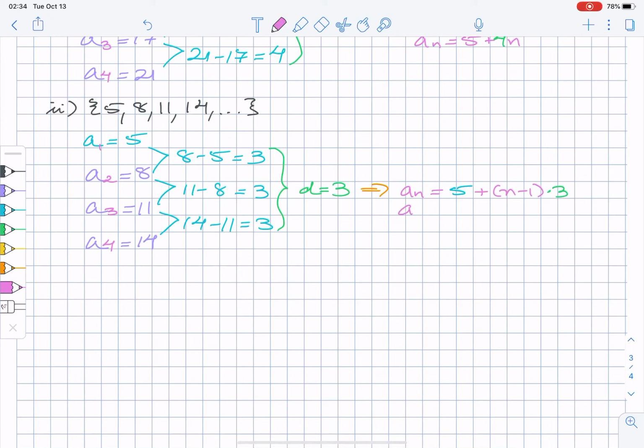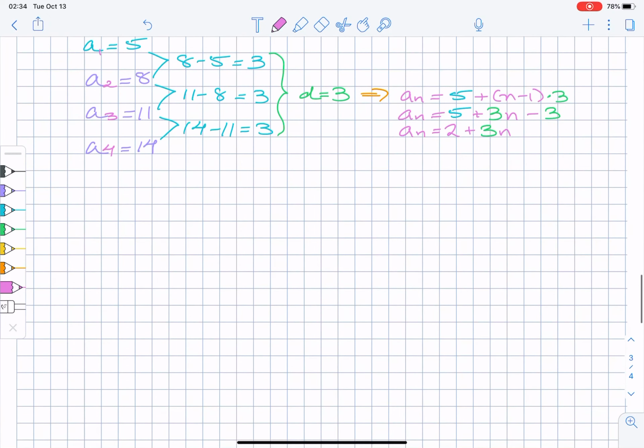We get a sub n is equal to 5 plus 3n minus 3. So 5 minus 3 is 2. So we get 2 plus 3 times n for the explicit form. Okay, so number 3.